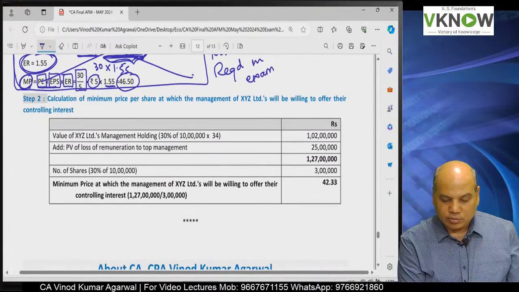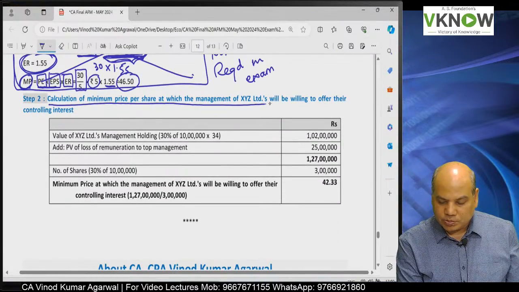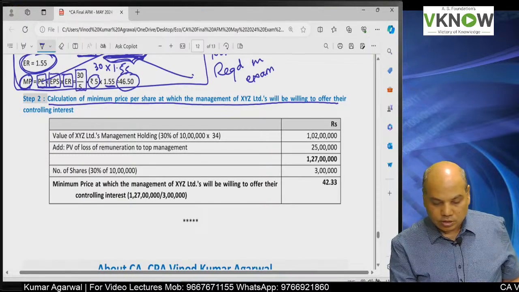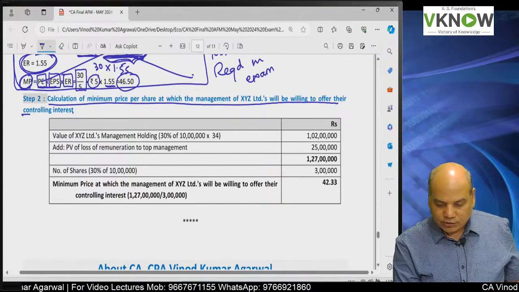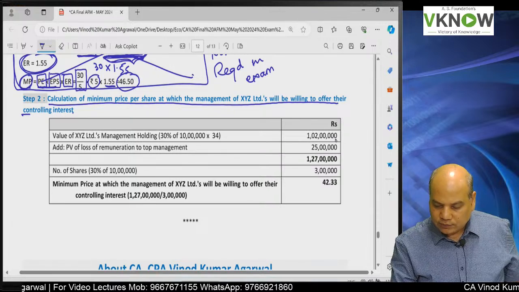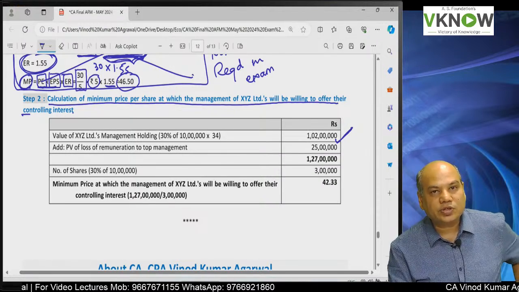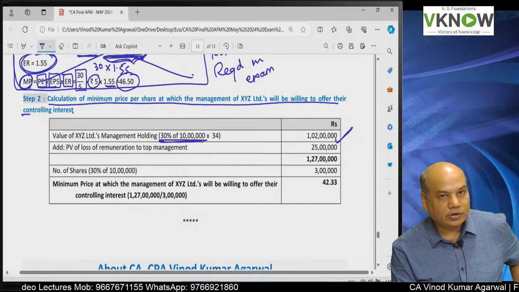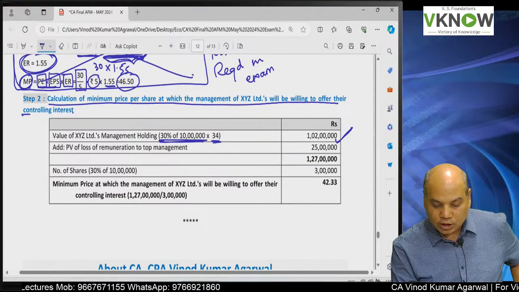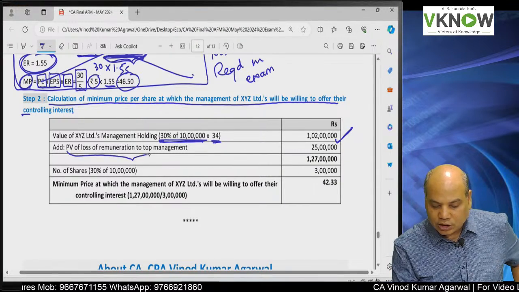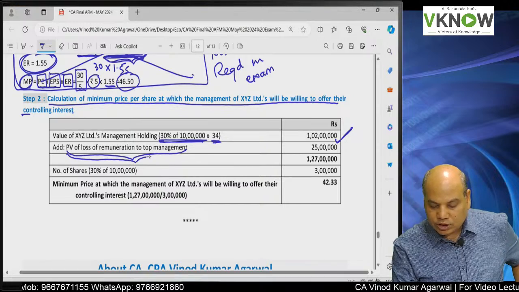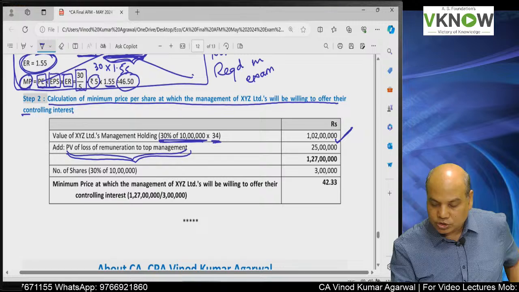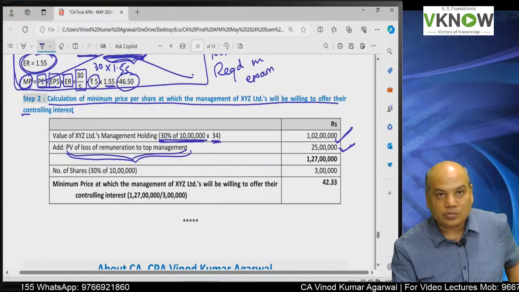And the last part, the minimum price per share at which the management of XYZ will be willing to offer their controlling interest. That is very easy. What is the value of their 30% stake today? 30% of 10 lakh, 3 lakh shares into 34. But if they sell their controlling stake, they will lose the salary and perks which they were enjoying, which is 25 lakh in present value terms.